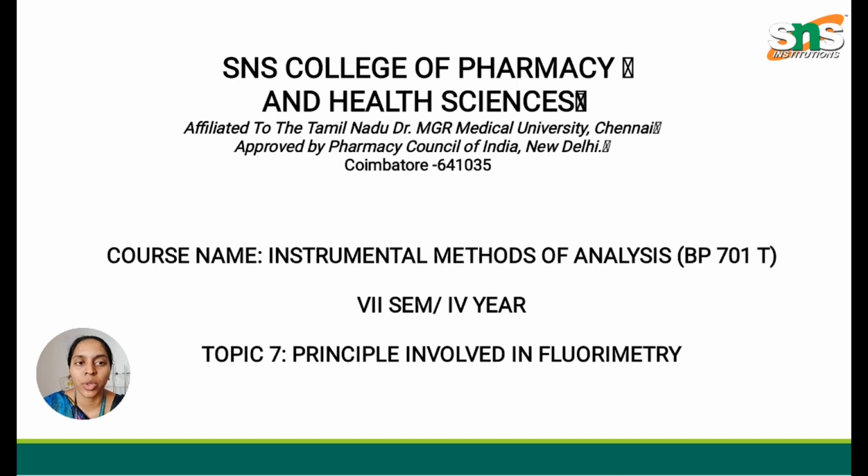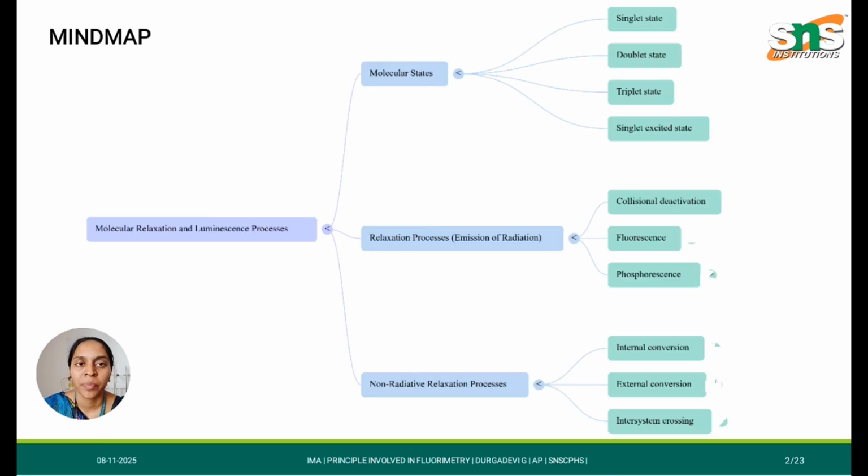In this lecture, I am going to talk about the instrumentation and principle involved in the instrument fluorimetry. The fluorimetric topic can involve molecular relaxation and luminescence processes and the molecular states, that is singlet state, doublet state, triplet state and singlet excited states, and we will be studying about the relaxation process, that is the emission of radiation that can be done in radiative relaxation as well as non-radiative relaxation.